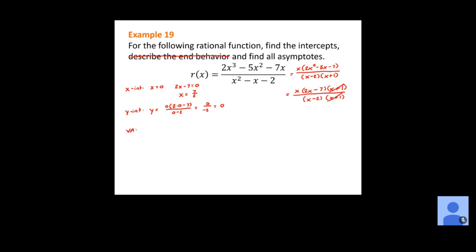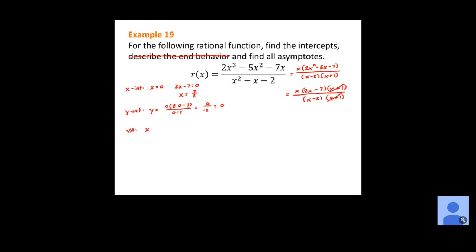But what part of that rational function are we looking at to find vertical asymptotes now? Denominator, good. So we're going to take the denominator now and we're going to set it equal to 0, because we know in this case, that's where it would be undefined. That's where we're going to end up with an asymptote on our graph.